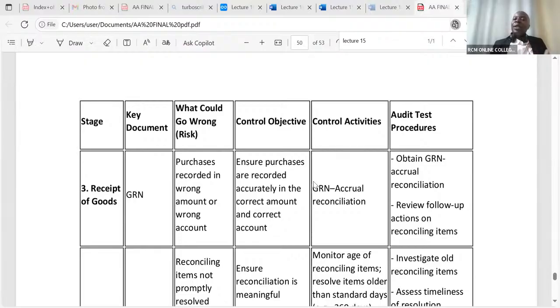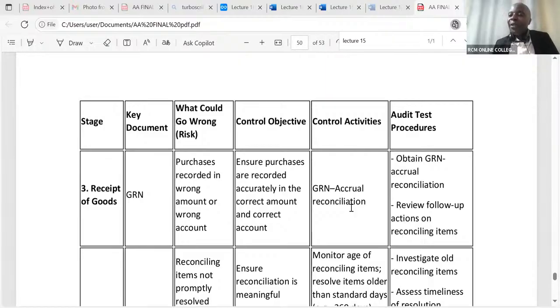Ladies and gentlemen, what are the control activities that you expect here? As an accountant, remember when you receive these goods, if they are goods for resale, you shall debit purchases account. And remember here you have not paid, so you credit accruals account.